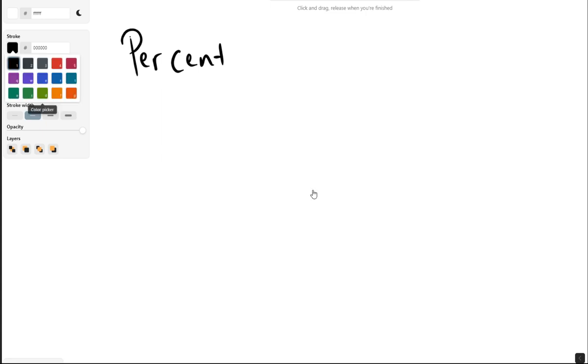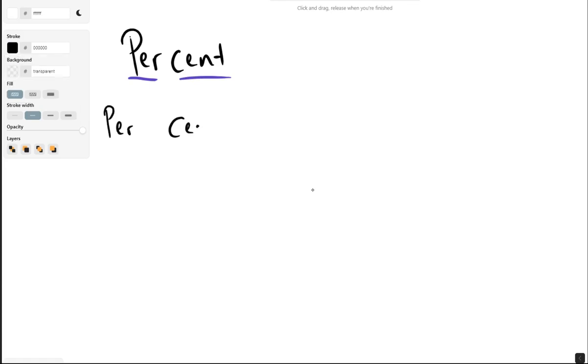All right. So the first thing I want you to see is that this word percent can literally be broken up into two words: per cent. I really want you to focus on this cent, because the key to converting all of this is to look at everything as cents.